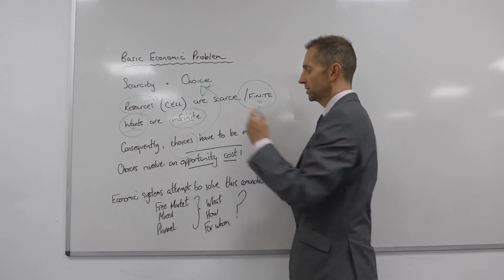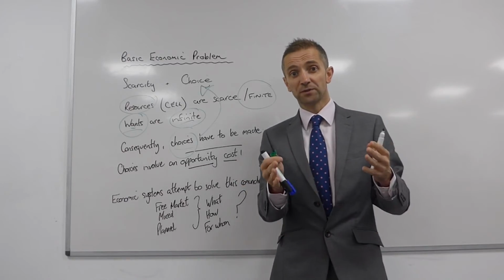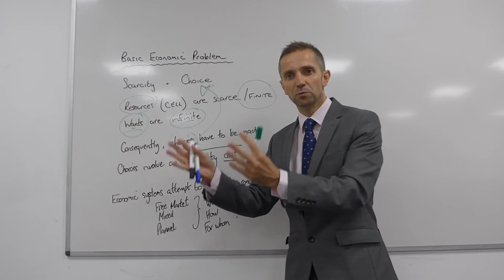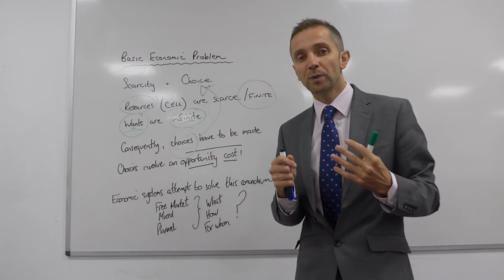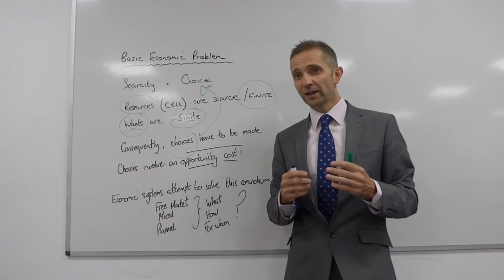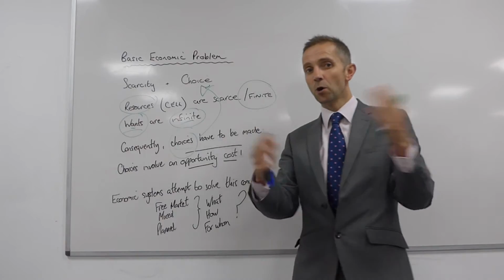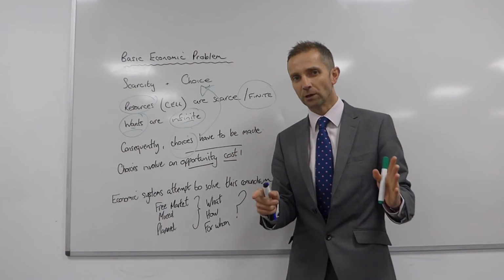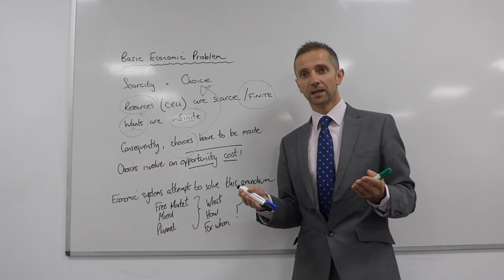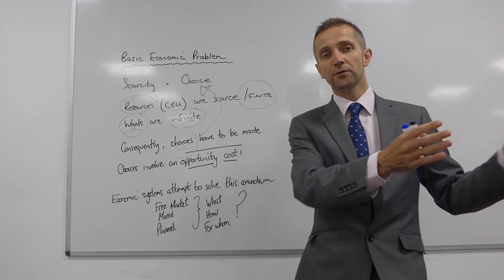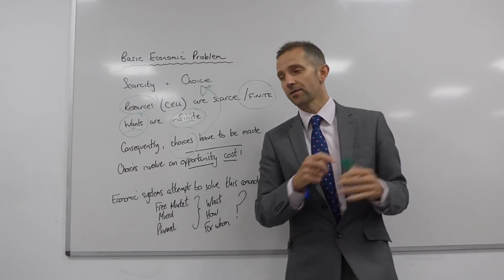So choices have to be made. We've given that example with the individual. Firms, of course, may want lots of new machinery, they may want to expand their premises, they may want to employ new people, they may want to invest in research and development, but of course they do not have the resources to do all of those things. And so they make a choice as to do one or another. The government may want to improve the standard of healthcare and pump more money into health.